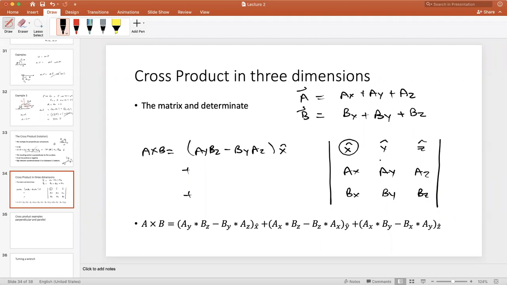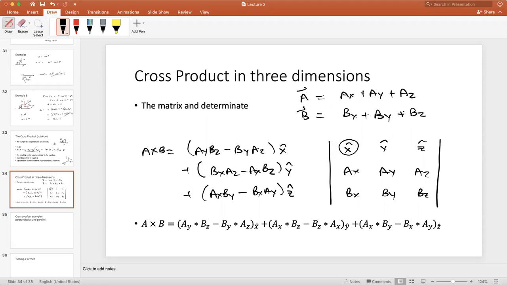However, every other column, you have to add a negative sign. I'm just going to flip it. So BXAZ minus AXBZ is my Y hat. And finally, Z. AXBY minus BXAY is my Z.